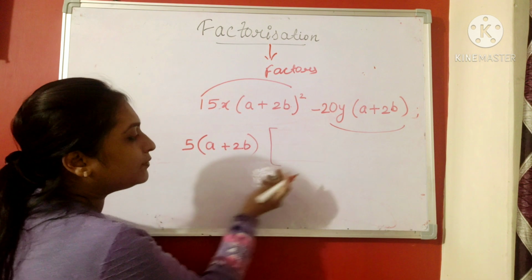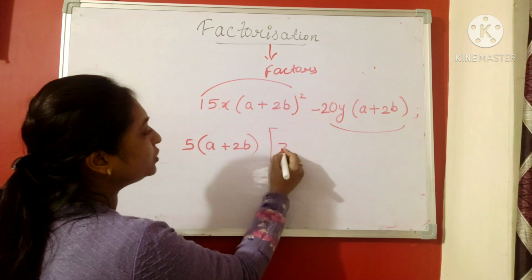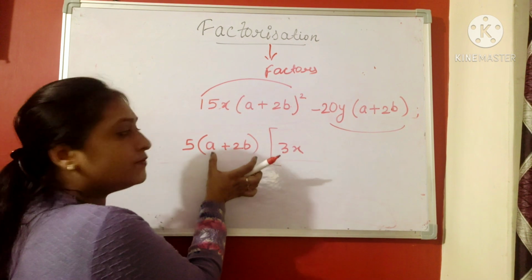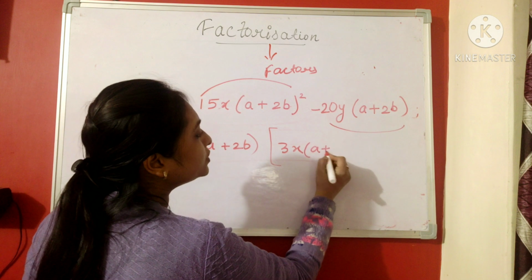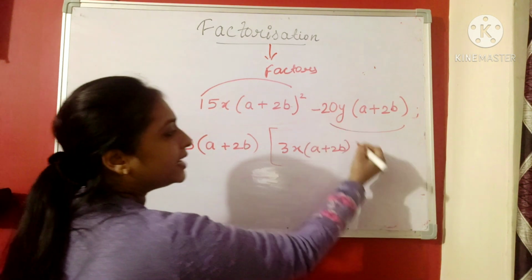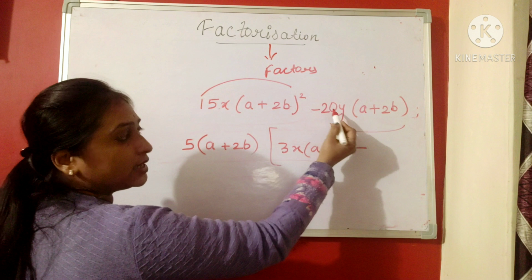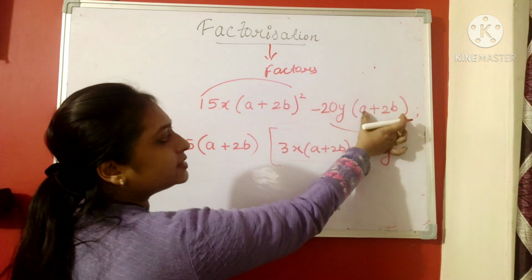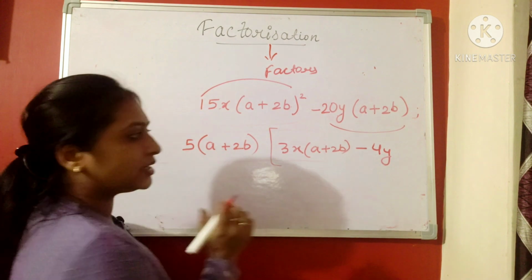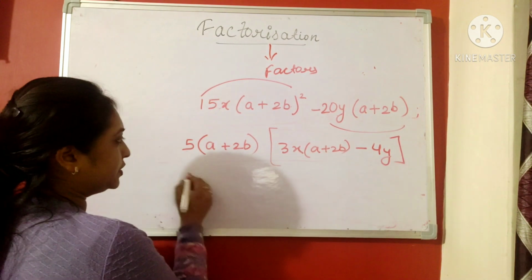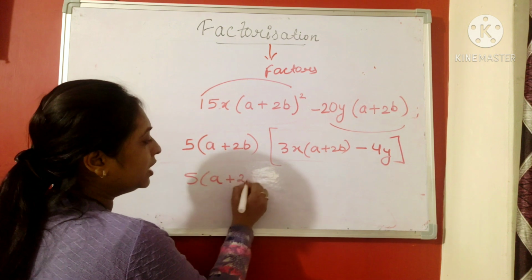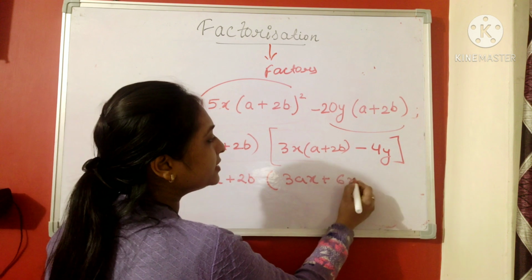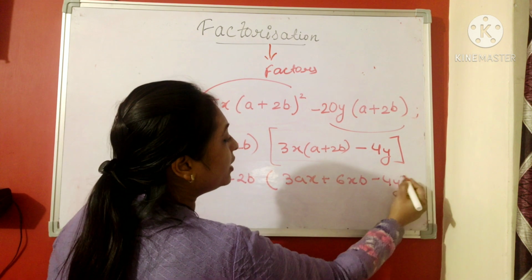After taking out common, we are left with 3x here, and since it was a square and we have taken out only 1, a plus 2b will be coming here. The minus sign will be written over here. 20 was written here, 5 we have taken common, so 4y will be left, and since a plus 2b is written entirely we have taken it out, so this becomes the answer. If you want to solve it further, you can multiply this inside and the answer will be 6xb minus 4y.